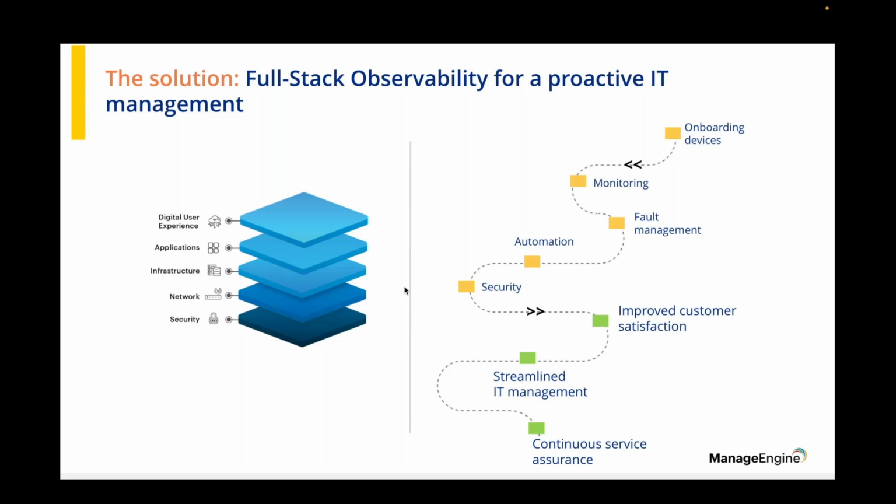So this is how the flow goes. Eventually, when we achieve this onboarding, monitoring, fault management, automation, and security, then automatically we will end up delivering improved customer satisfaction with a streamlined IT management process.